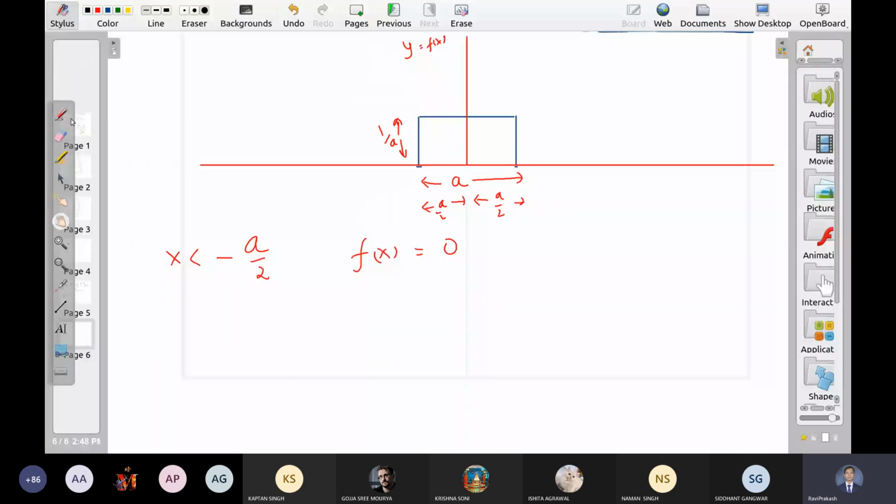From minus a by 2 to a by 2, this function has a value 1 upon a.